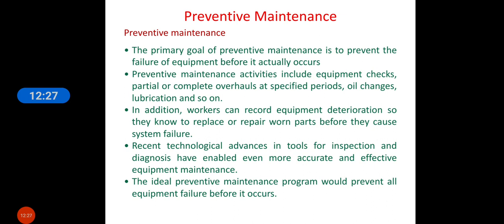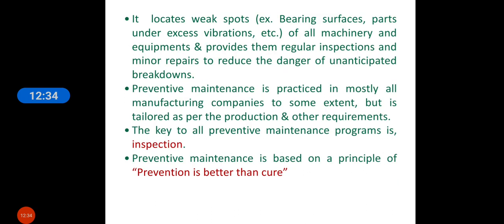The IDA preventive maintenance program would prevent all equipment failure before it occurs. It locates weak spots like bearing surfaces, parts under excessive vibration, etc., of all machine equipment, and provides them regular inspection and minor repair to reduce the danger of unanticipated breakdown.